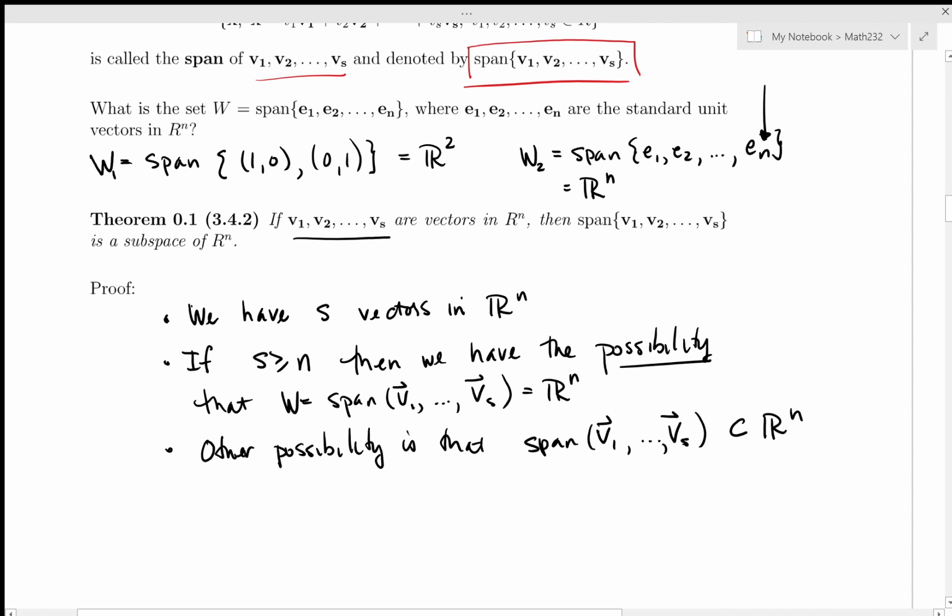I sort of saw that in the example we just did. Okay, the span is a linear combination. So that's what the definition of the span is. So the span of V1 to Vs, that is the set of all vectors x such that x is a linear combination of the given vectors.